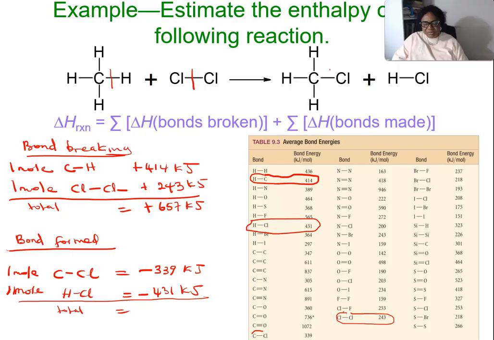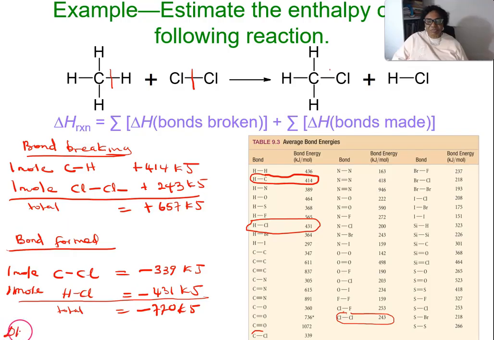Minus 339 minus 431 will give us minus 770 kilojoules. So our heat of reaction is this plus this.